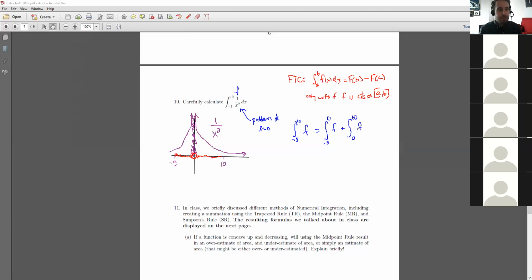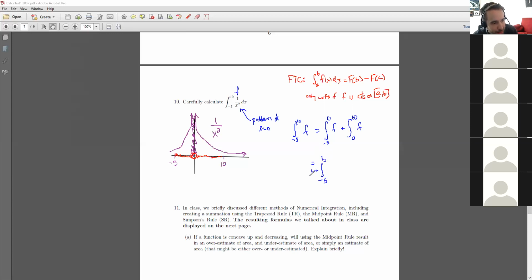And then I need to carefully evaluate each of these integrals using limits. That was the nature of our improper integrals: we carefully, surgically avoid the issue by taking a limit.